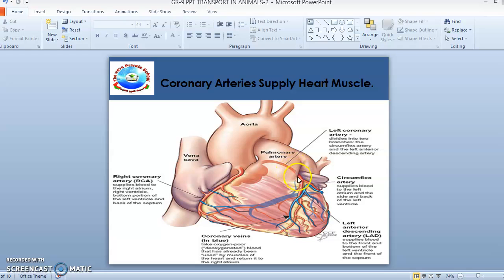These coronary arteries are supplying blood to the heart. Is it odd, no? Yes, I know that. Because the heart itself is supplying the blood to all parts of the body, but these vessels called coronary arteries are supplying blood to the heart.